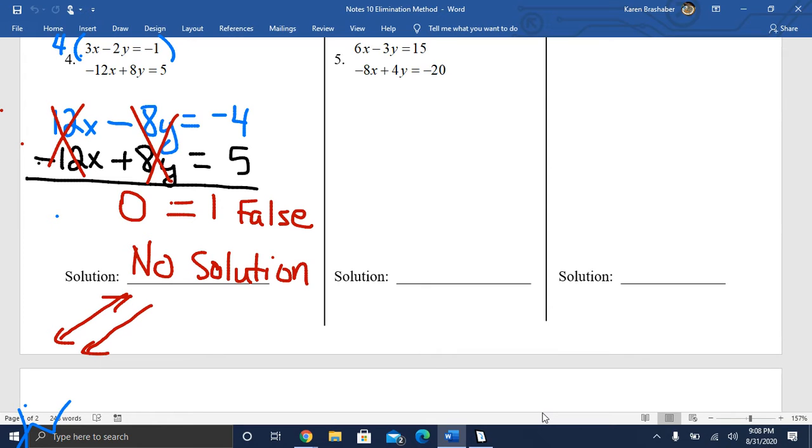The two lines that we had in the original problem are parallel lines. They'll never intersect, and therefore they have no points in common. There is no solution to this system. So just as a vocabulary reminder, that would mean that this is an inconsistent system.